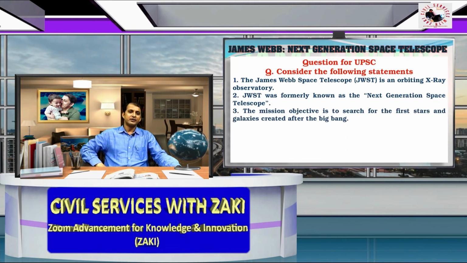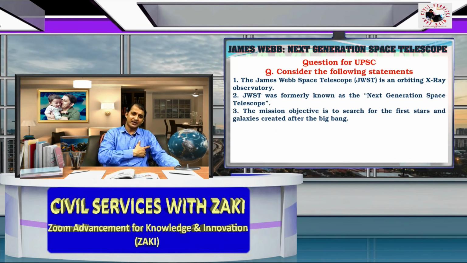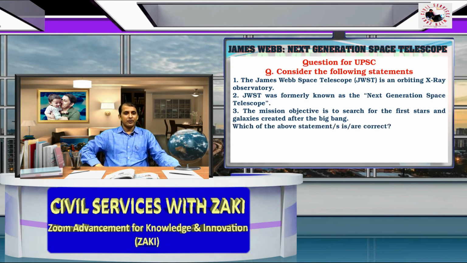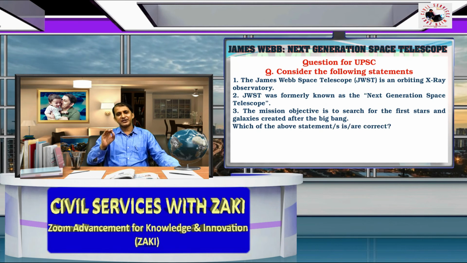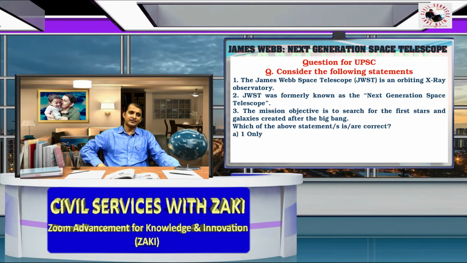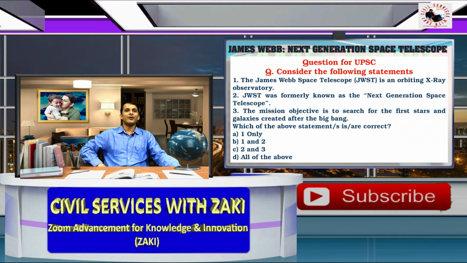Third: the mission objective is to search for the first star and galaxy created after the Big Bang. Which of the above statements is correct? Your choices are A, 1 only; B, 1 and 2; C, 2 and 3; D, all of the above.